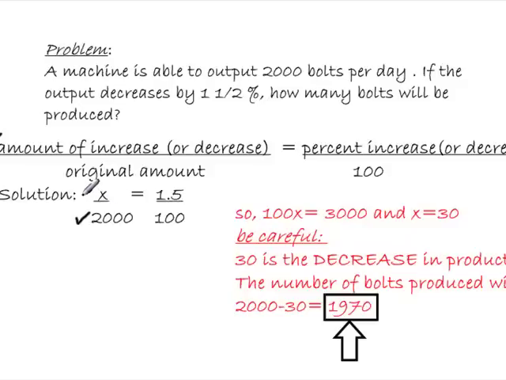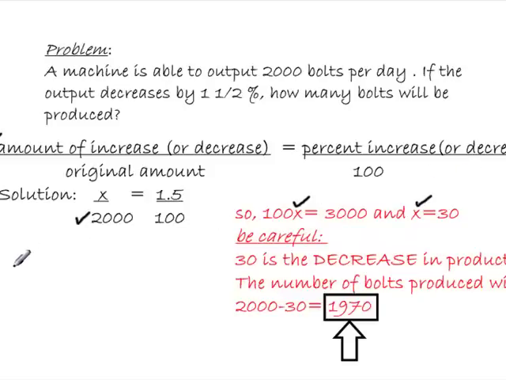And so x is going to be a number which is going to represent a decrease. And that's equal to the percent decrease, which is 1.5 over 100. Now we're going to cross multiply, and we get 100x equals 3,000 right here, and we get x equals 30.